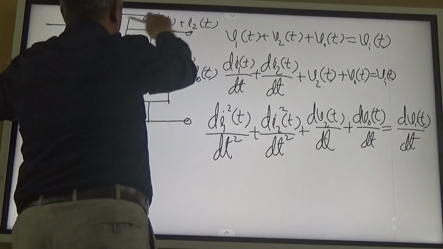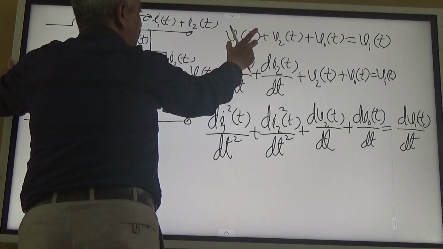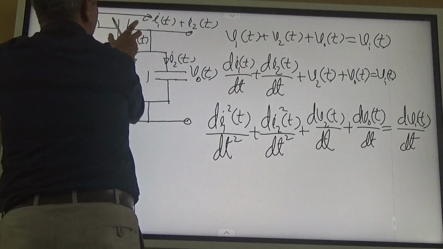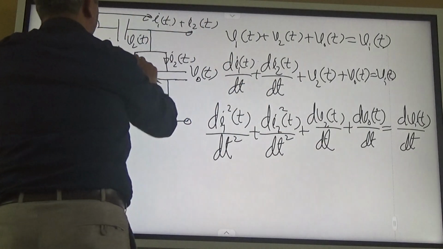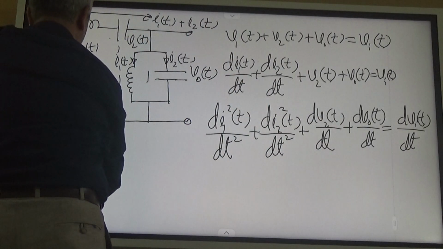This I used when I put this here, and this I will use when I put dV2(t) by dt equal to this. Now this, what is V0(t)?